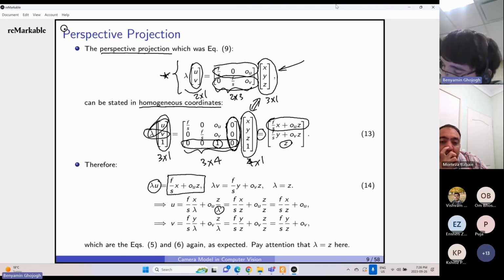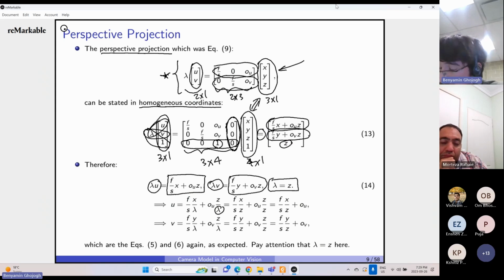Then the second element, lambda v, equals the second row. Then the third element, lambda times 1, equals z, the third row. Okay? Now we replace lambda with what we found here. Lambda equals z. Therefore, z times u is this, right?